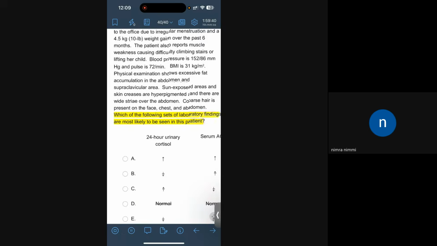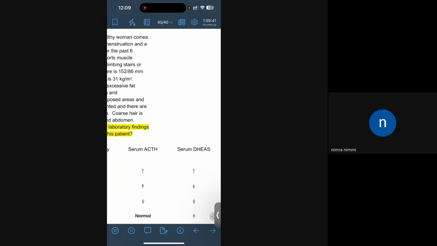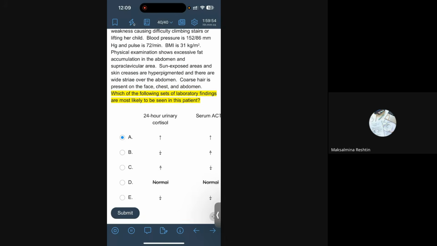What will happen to the dihydroepiandrosterone levels? It will also increase. Why? Because of stimulation of the adrenal cortex by ACTH.